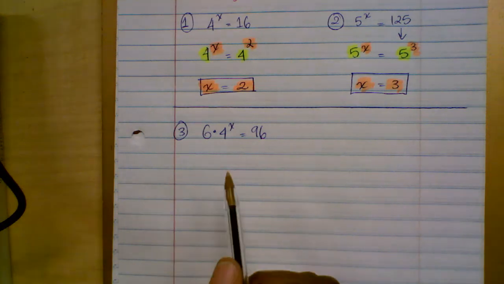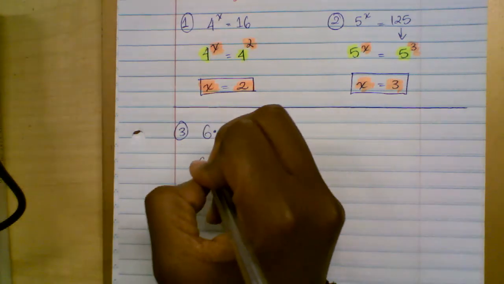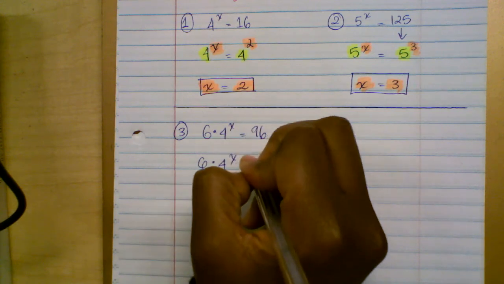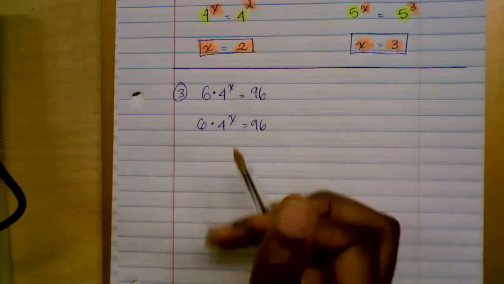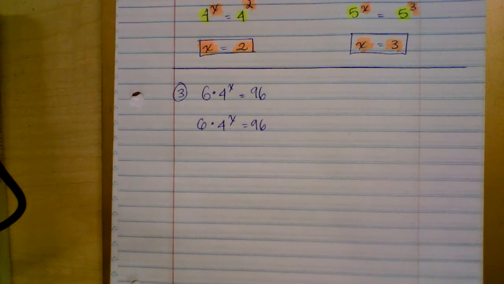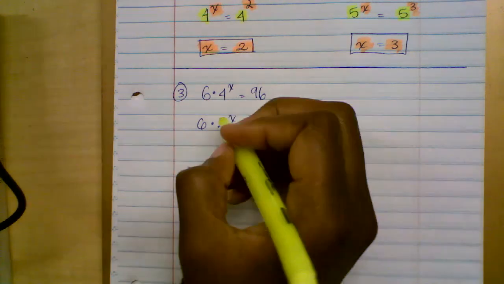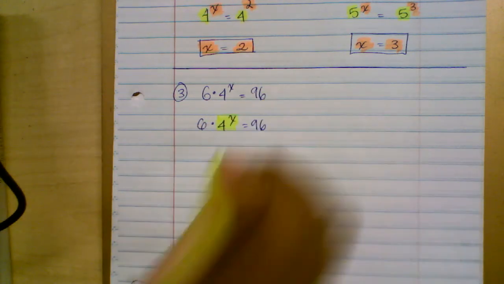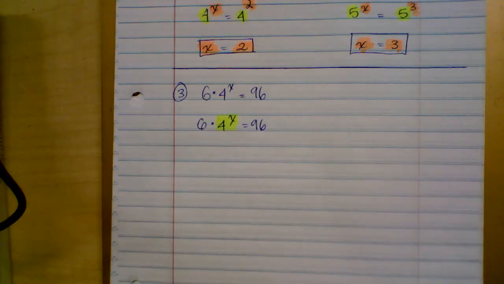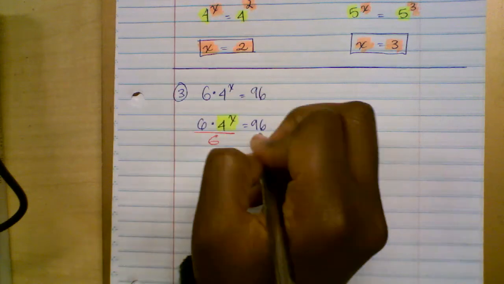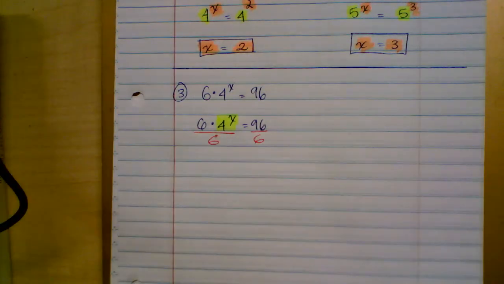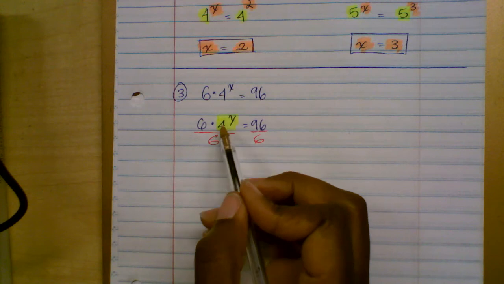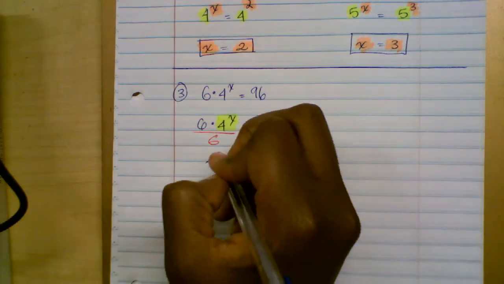To solve this exponential equation, the first step is to isolate the term with the variable x in the exponent, which is 4 to the x power. To isolate 4 to the x power, we divide by 6 on both sides, so that 4 to the x power is by itself.